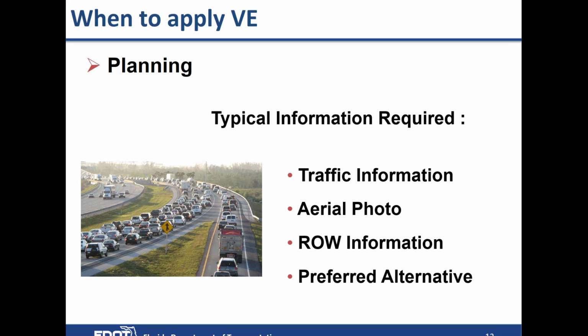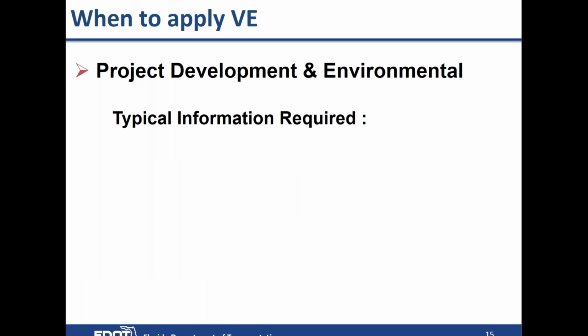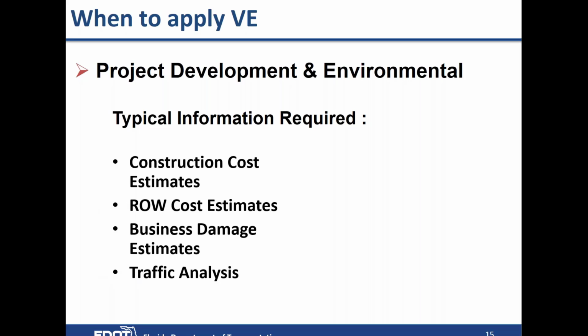We've held them in planning studies, so the typical information required is really any information that's developed, but a lot of times that information is shown on the screen: aerial photo, any kind of right-of-way, preferred alternative, any traffic information. In a PD&E process, you'll get more refined cost estimates, right-of-way estimates.